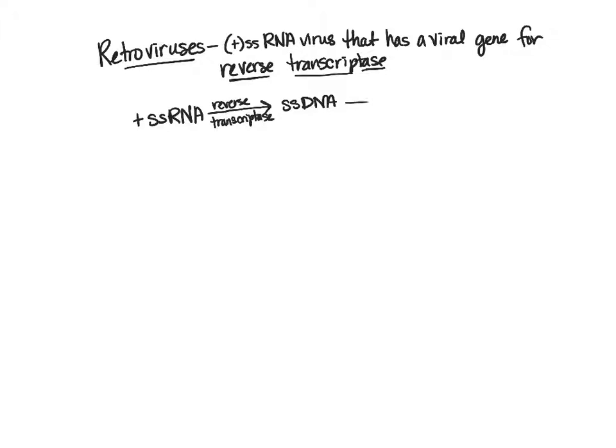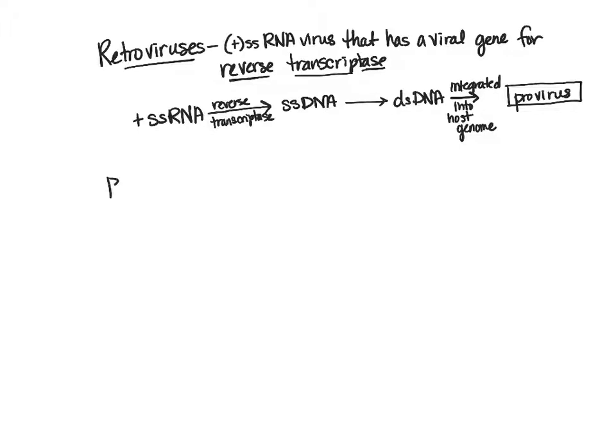Then we can make our double-stranded DNA just using our typical machinery inside of our eukaryotic cell. Then that double-stranded DNA is going to be integrated into the host genome. When it's integrated into the host genome, this is called a provirus.